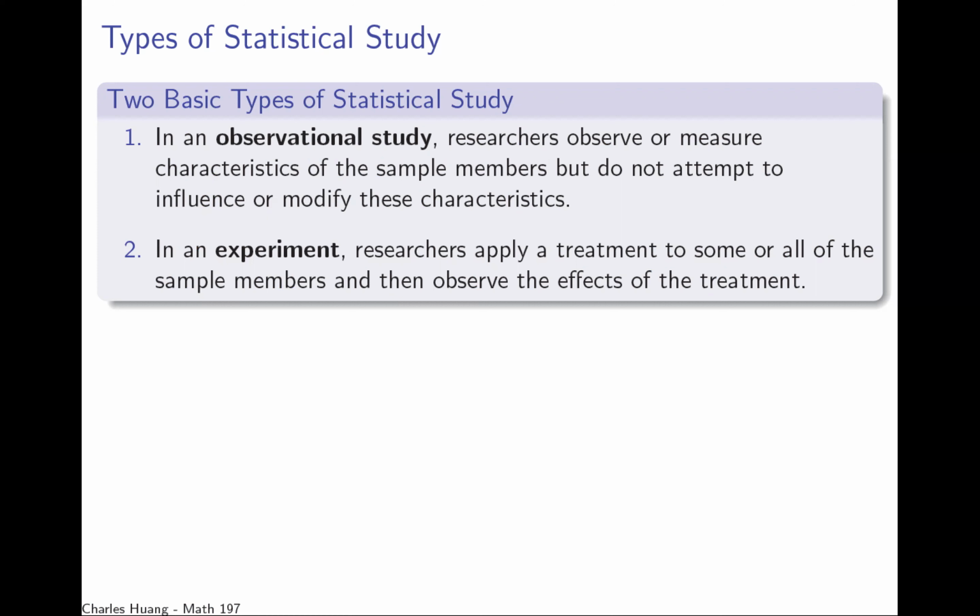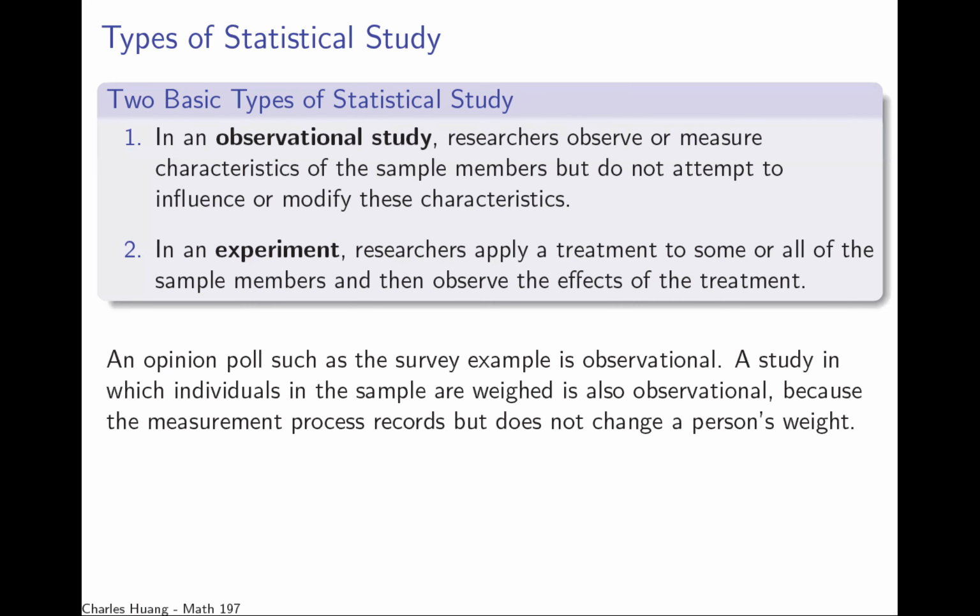In an experiment, we apply some sort of treatment or some sort of change, and then we look at what the result is, and do our observation later on. But notice the opinion poll that we talked about, the example of the survey, is an observational study.